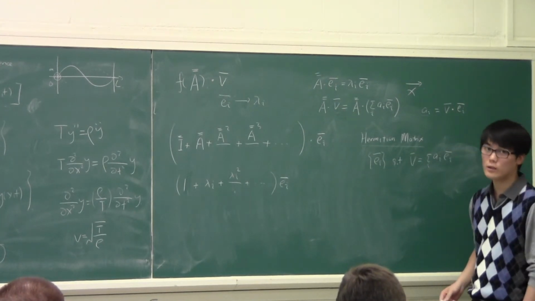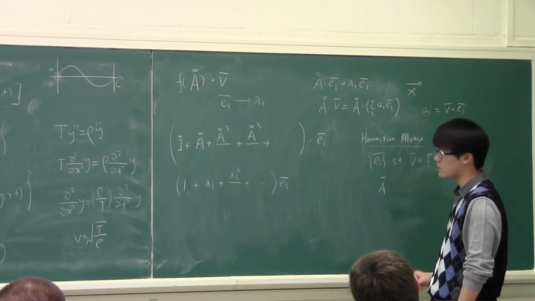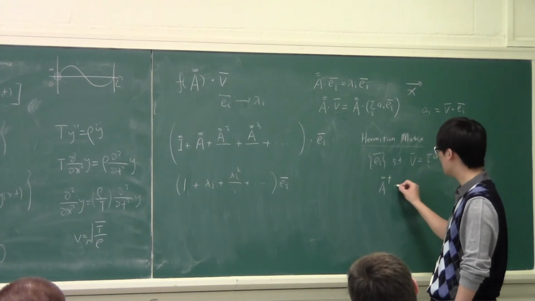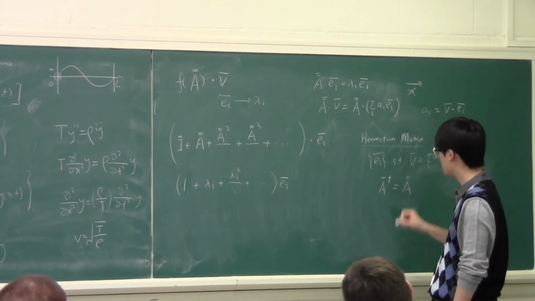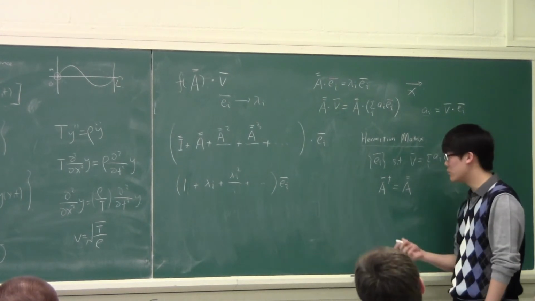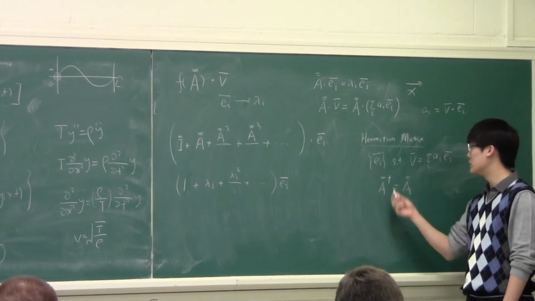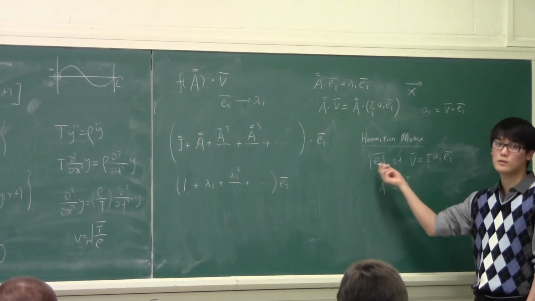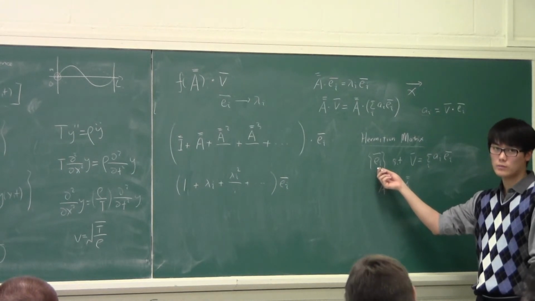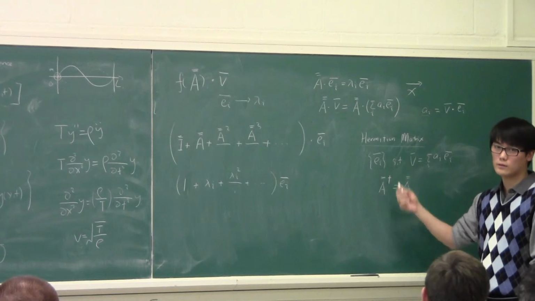In terms of the matrix itself, we say that its adjoint is equal to itself. You can find a book and look for the proof. If this condition is satisfied, then you are guaranteed a complete and orthonormal set of eigenvectors, each with a real eigenvalue.